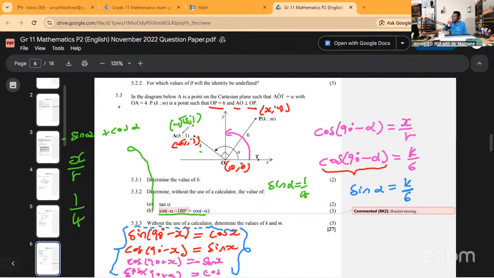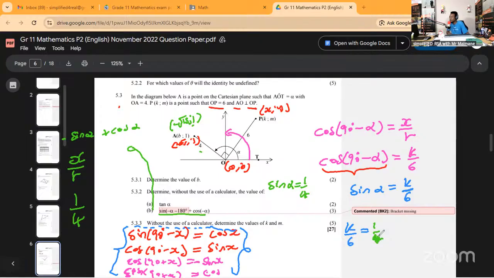So k over 6 is equal to 1 over 4 because they are both equal to sine alpha.